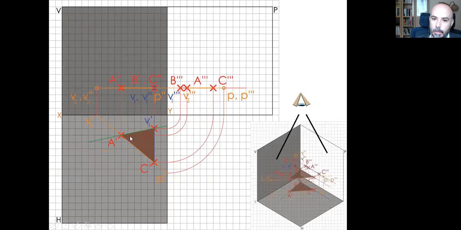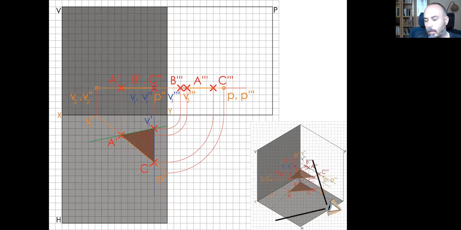And when we color this area, we can say that it is the first projection of our plane. This is what we see when we look from above. We see the projection of this plane on this horizontal projection plane, and they are the same. The projection and the actual plane, they are exactly the same.